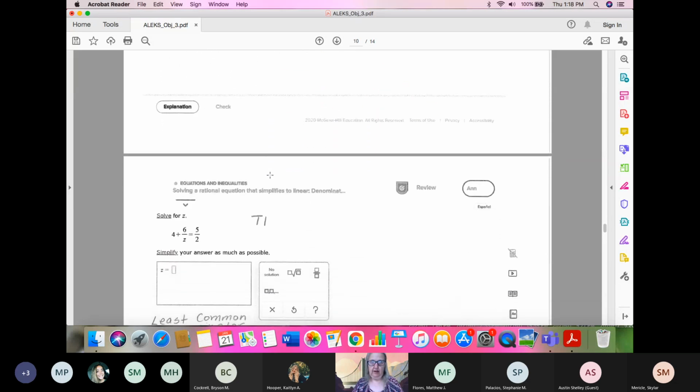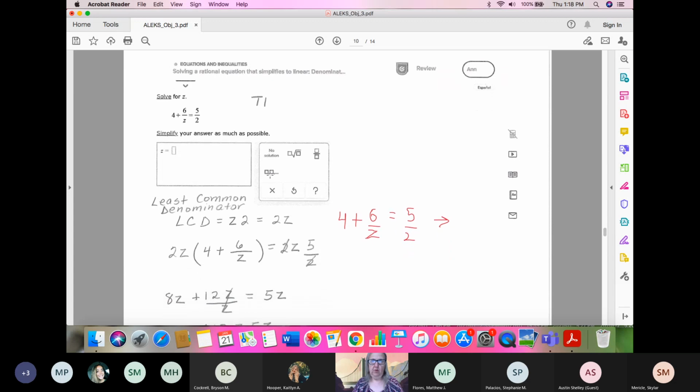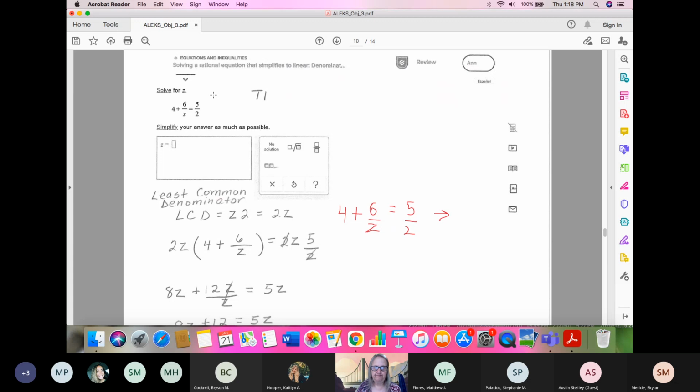So let's take a look at another one. In this one, we've got 2 denominators, but only one of which has a variable in it. But we're going to have to be careful nonetheless. We want to solve for z. We want to find the LCD, the least common denominator.